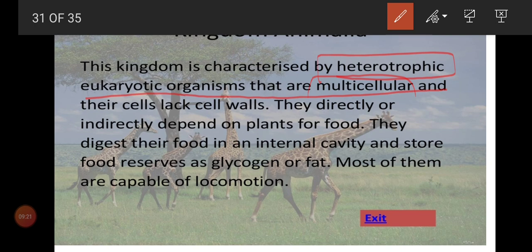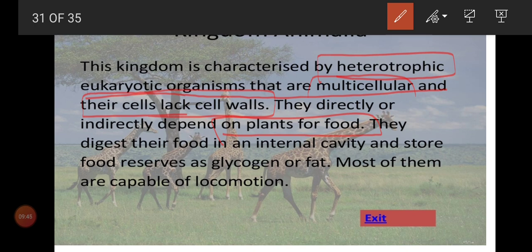And also they never have a cell wall. So they lack cell walls, and they directly or indirectly depend on plants for food. That is very, very important. How are they able to digest their food? With the help of an internal cavity, that is the presence of the stomach, and the intestine helps to secrete many enzymes for digestion.